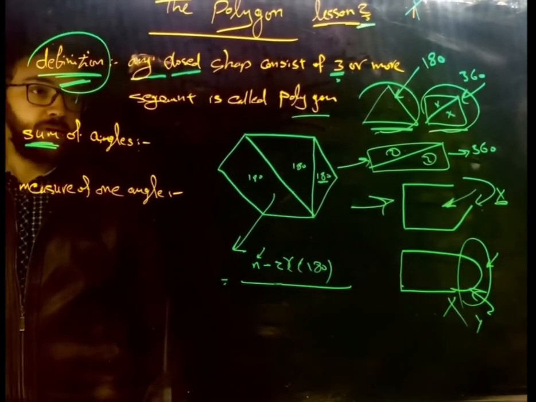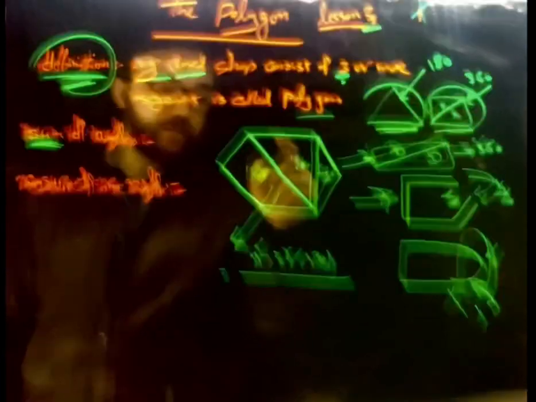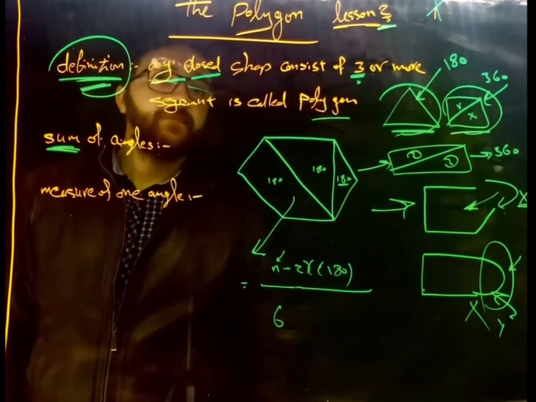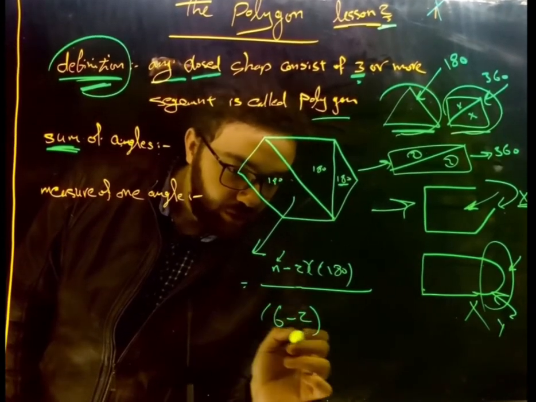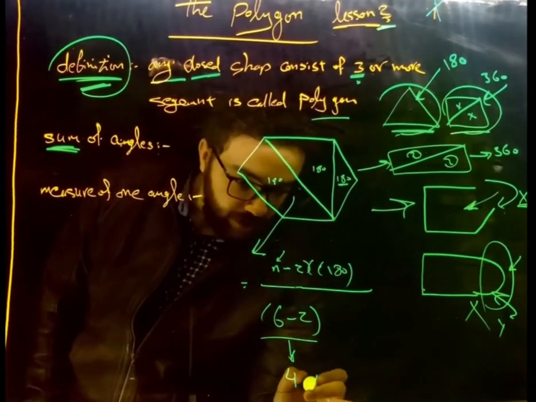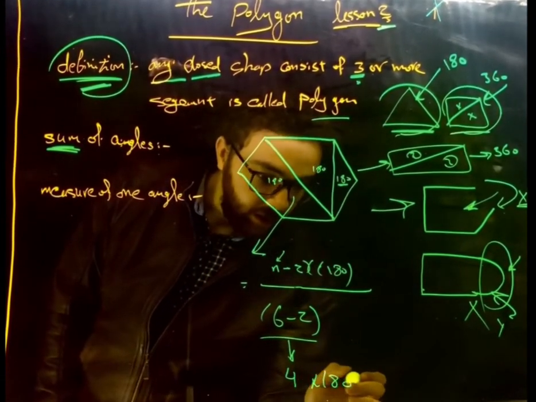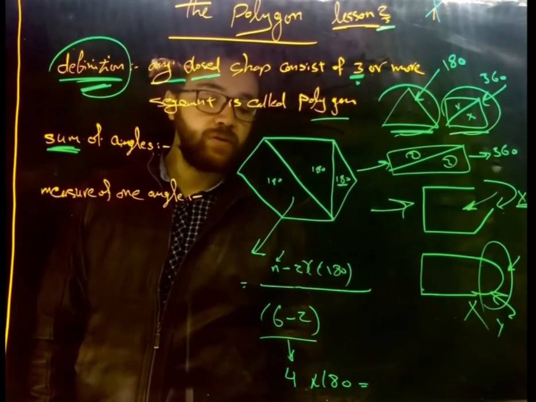For example, this shape consists of 1, 2, 3, 4, 5, 6 segments, minus 2, which gives 4 triangles, times 180 equals the summation of the angles of the shape.